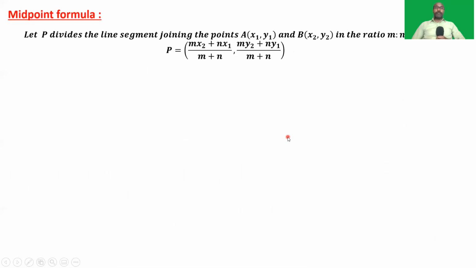Now, using section formula, we can find midpoint formula. So let P divide the line segment joining A (x1, y1) and B (x2, y2) in the ratio m is to n. Then P is equal to mx2 plus nx1 by m plus n, my2 plus ny1 by m plus n. We already derived this.